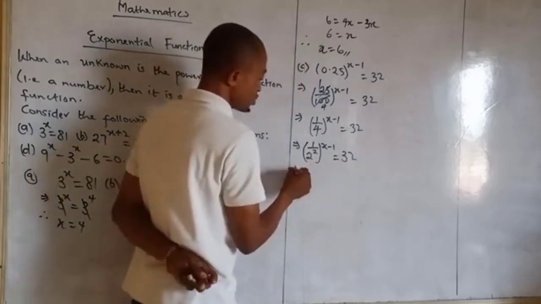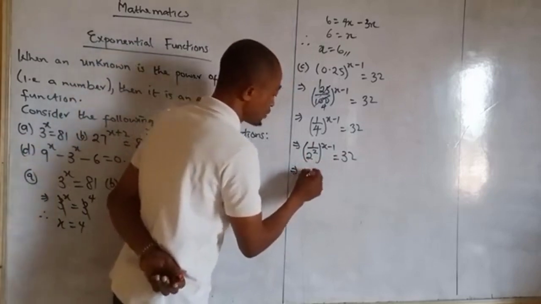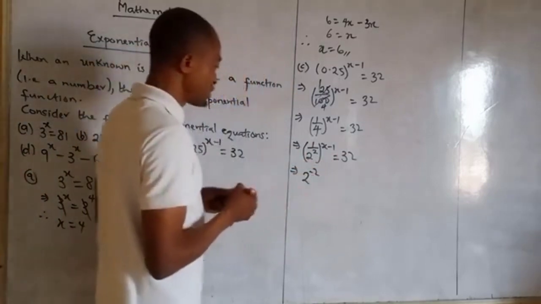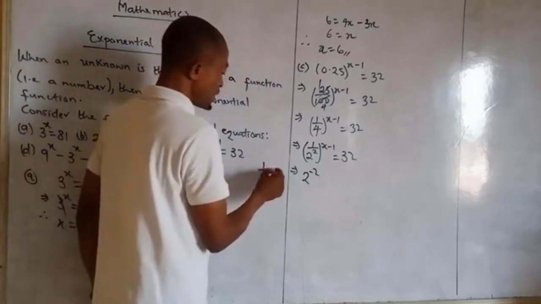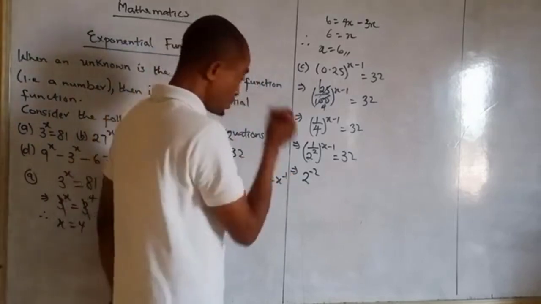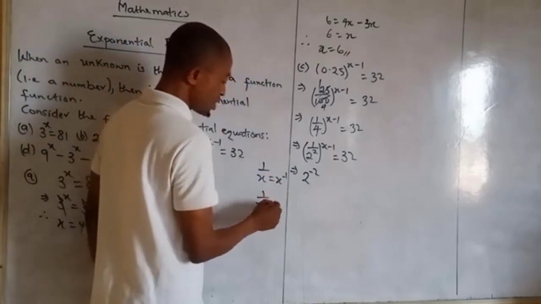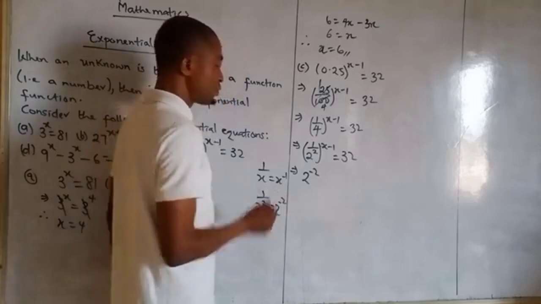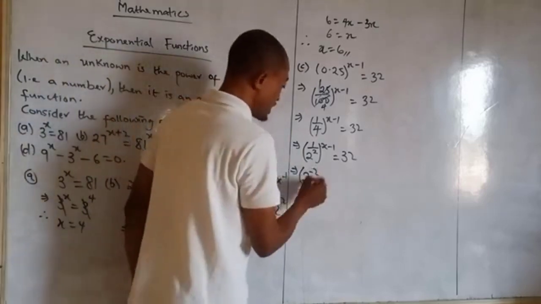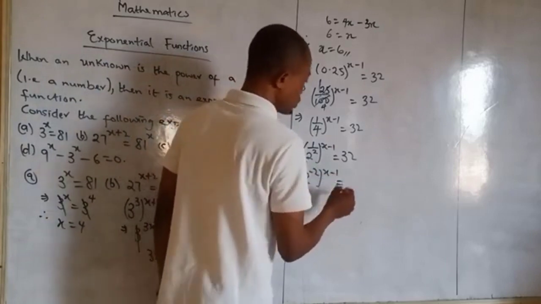So this will be equal to 2 to the power of negative 2 from the law of indices. When we have 1 over x, it's the same thing as x to the power of negative 1. So 1 over 2 to the power of 2 is the same thing as 2 raised to the power negative 2, then in brackets x minus 1 equal to 32.